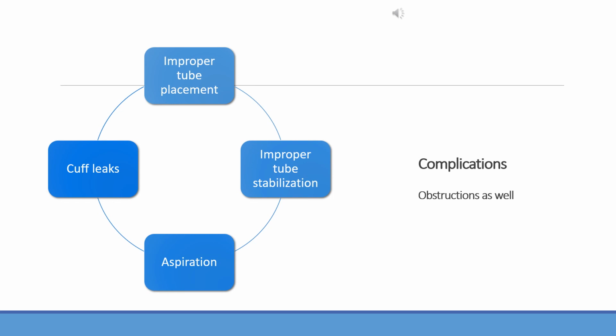There could be a cuff leak that could cause this improper tube stabilization, so therefore the cuff is not keeping it in place in the appropriate area. Or a complication could be aspiration, usually because of an obstruction. And the obstruction is usually a mucus plug that can then be aspirated, which can lead to atelectasis, which then can lead to infection. So these are some complications that can occur.